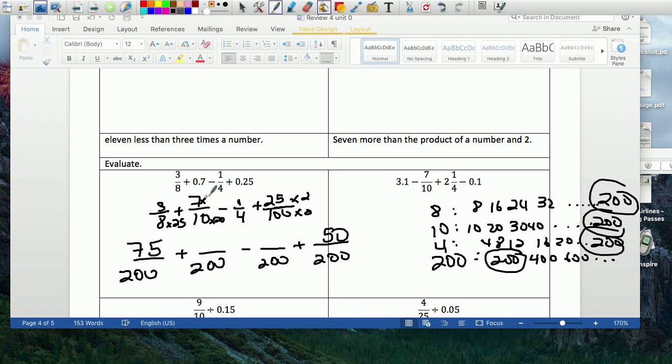So on top is times 20. And that gives us 140. 4 times what is 200? It's times 50. So on the top is times 50. Right? So now I can add and subtract all the fractions. So it's going to be 75 plus 140. Let me just erase this.